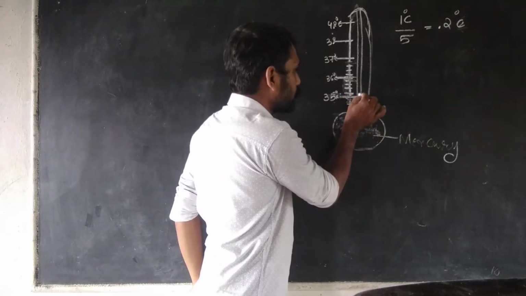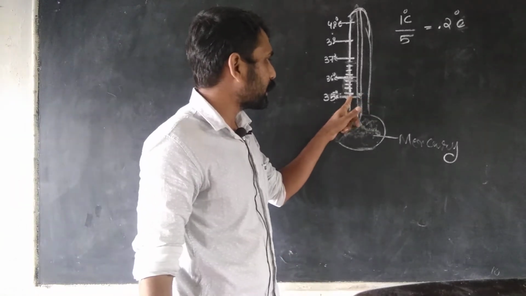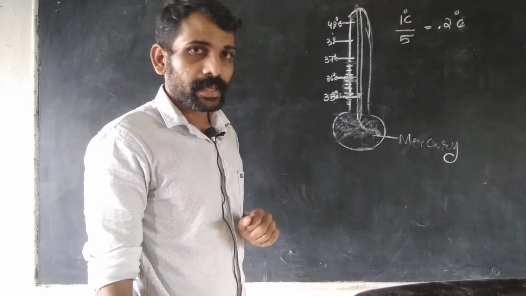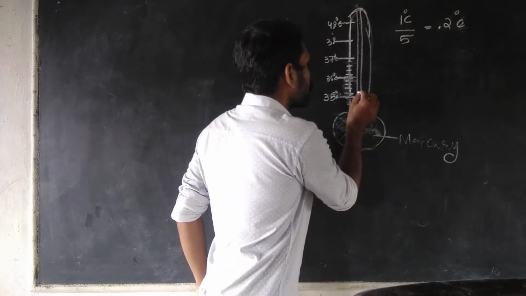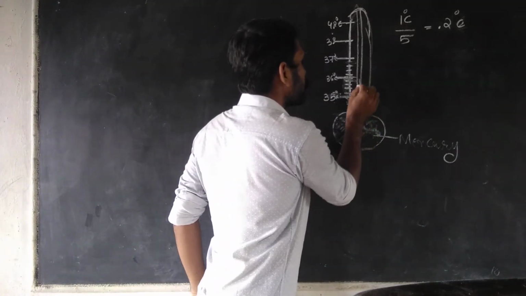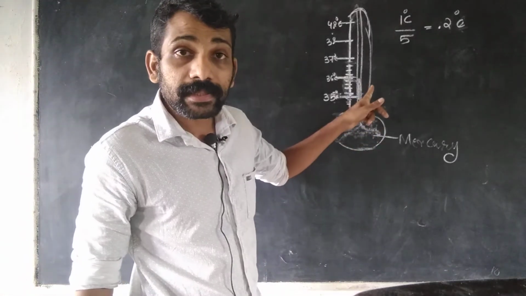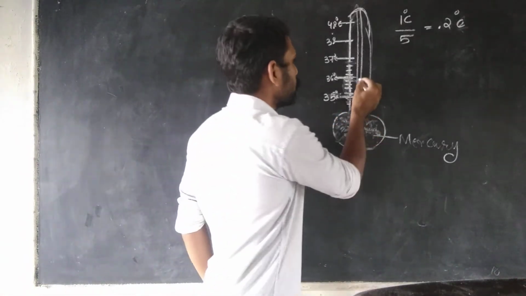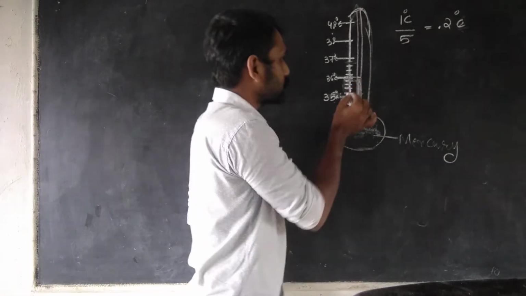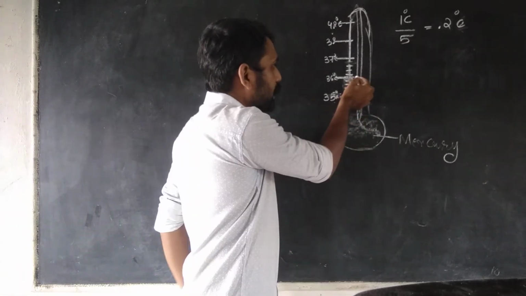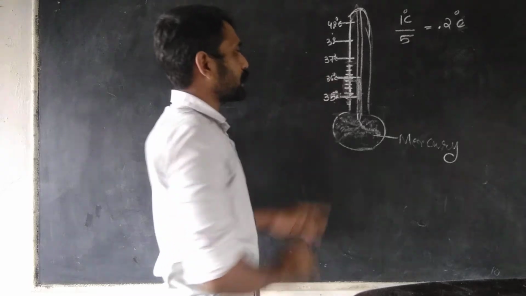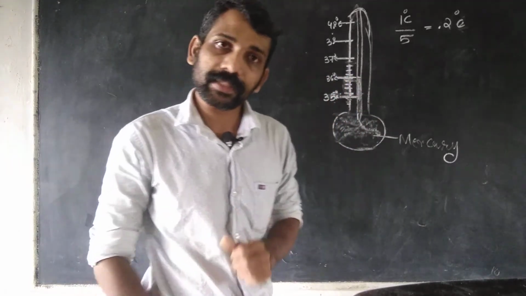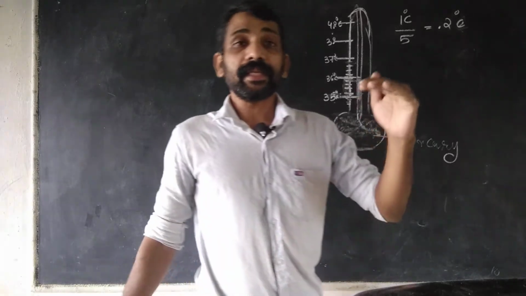what will be the temperature? 35.2 degrees Celsius. Again, if the mercury rises through this thin tube and stands at the same level as the next bigger mark, then the temperature is 36 degrees Celsius.